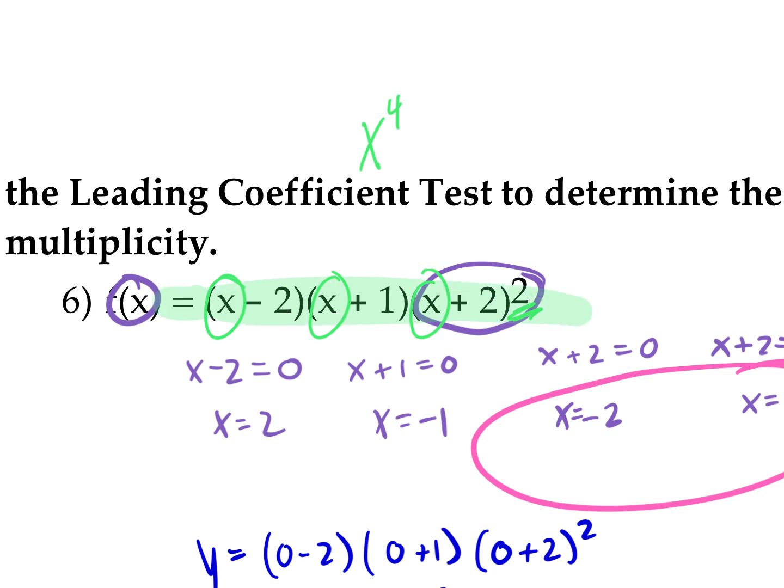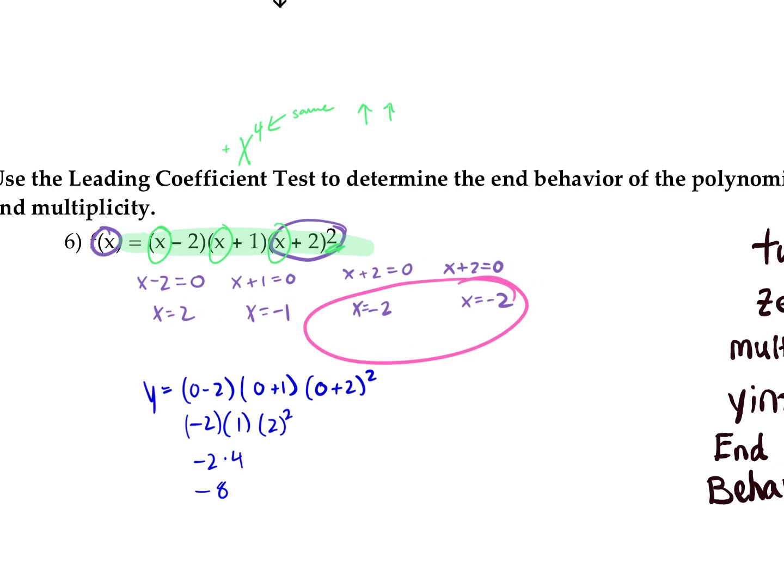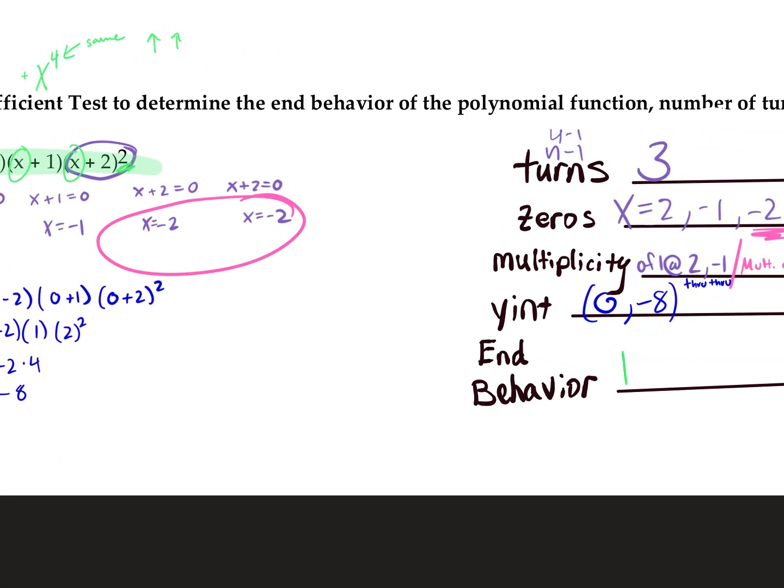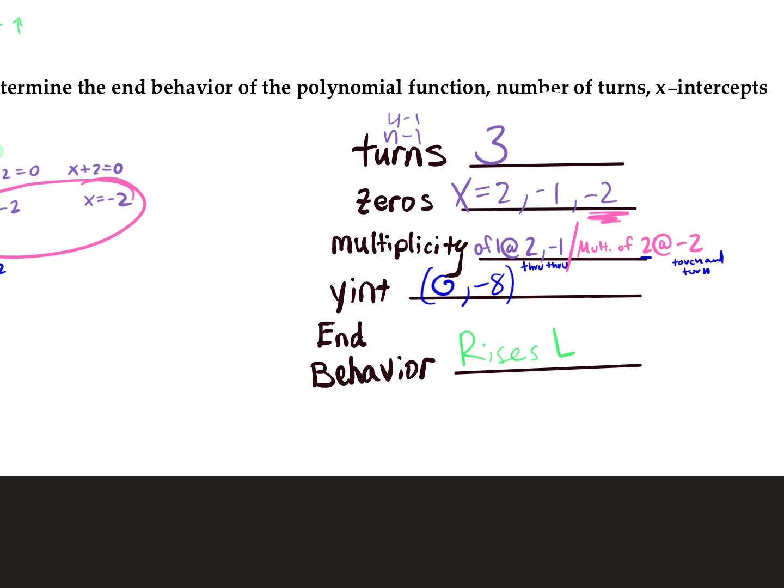So it would be a positive x to the 4th graph. So because 4 is even, they're going to go in the same direction. And because it's positive, they go up and up. So we would say rises left and right.